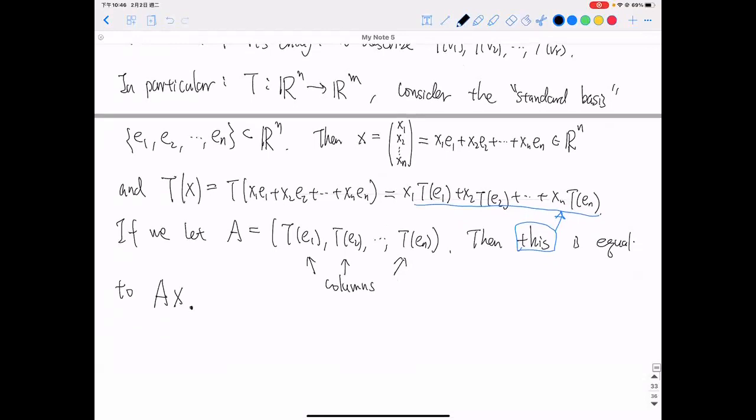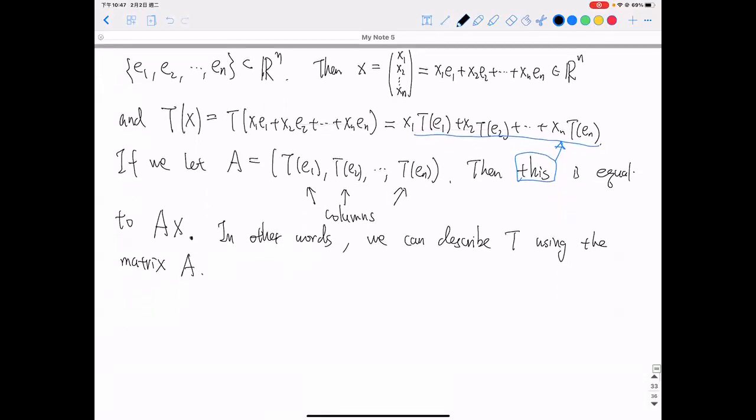Okay. So, in other words, we can describe T using the matrix A, and the way T acts on vector X is given by the matrix multiplication of A with X. So yeah, that's something we may use from time to time.